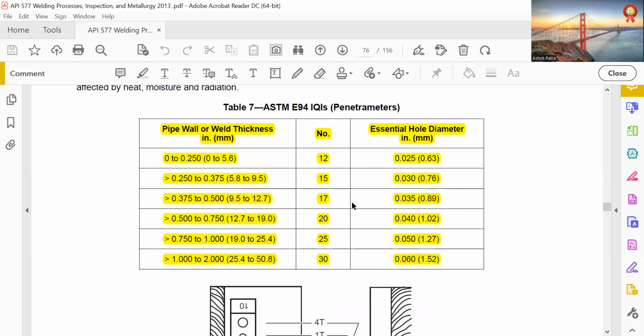So from here it is 30, 35, 0.035, 0.040, 0.050. So from 20 it is coming to equivalent. 0.375 to 0.5, 17. 0.5 to 0.75, 20. 0.75 to 1 inch, 25. So 1 inch to 2, 30.